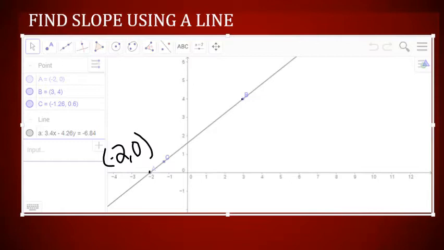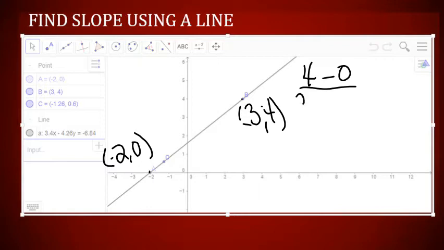And up here I see a point, and the coordinate of that point is (3, 4). So I'm just going to take these coordinates that I get from this line, and we're going to use our normal slope formula. So I've got y2 minus y1. Well, I've got a 4 in the y2 position, minus 0 over x2 minus x1.